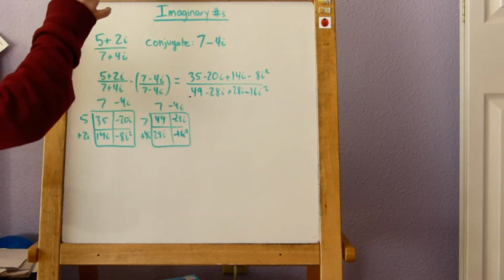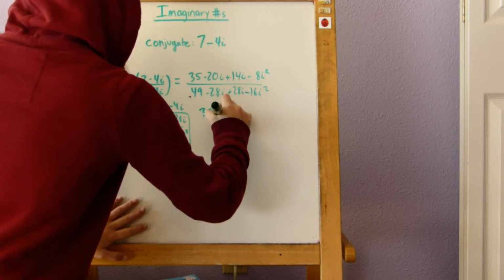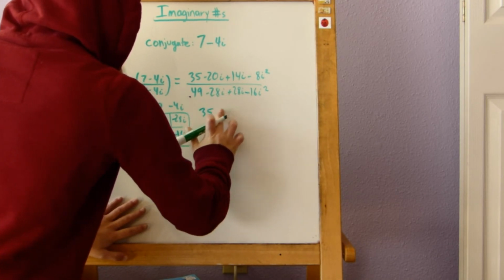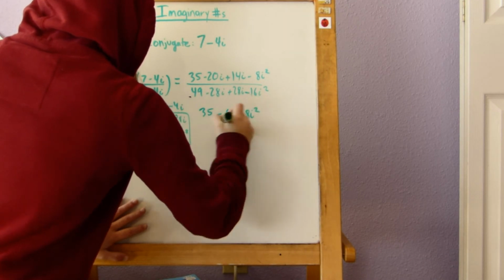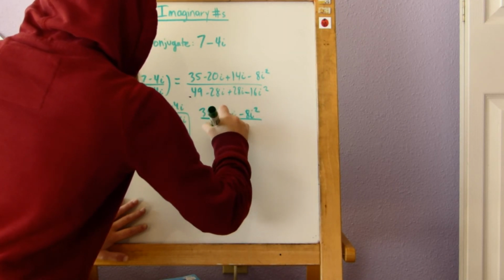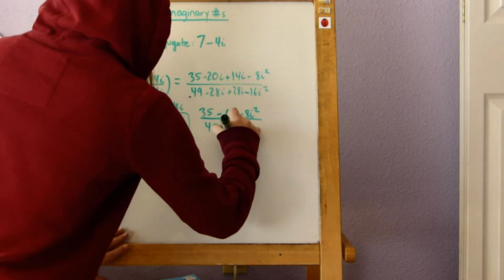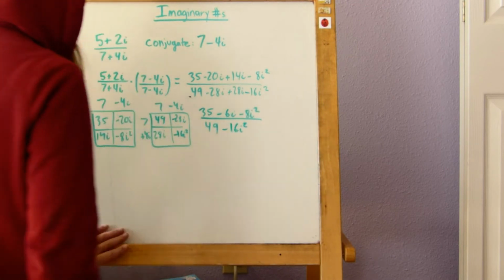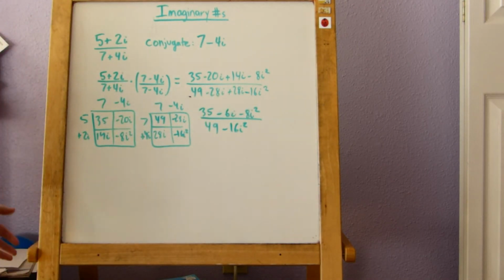So now let's just combine like terms, so 35 minus 6i minus 8i squared over 49. These two cancel because they're positive and negative, so minus 16i squared. So now we're left with these i squareds in both the numerator and the denominator.